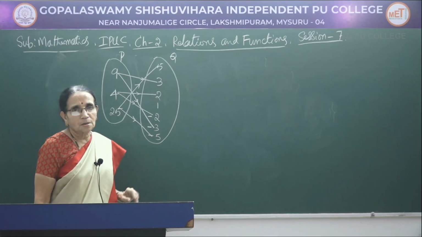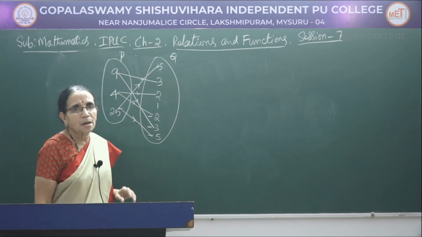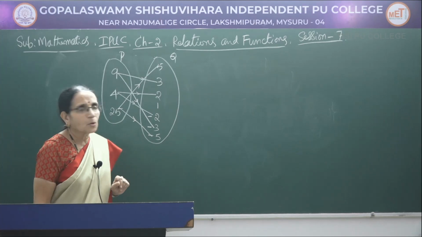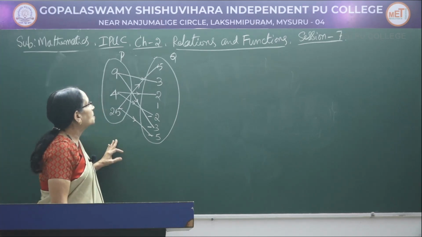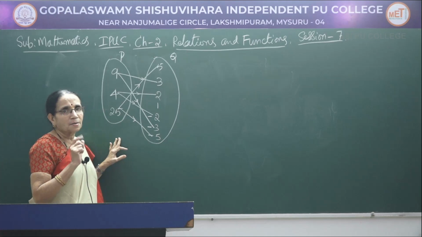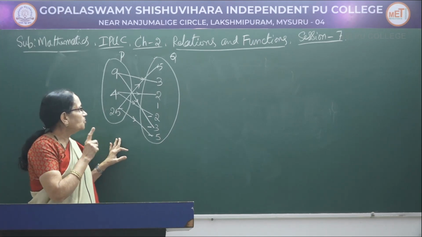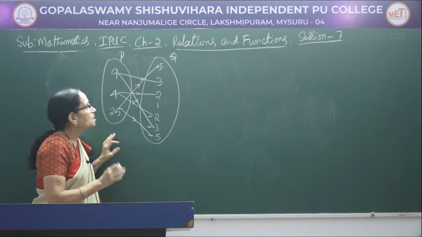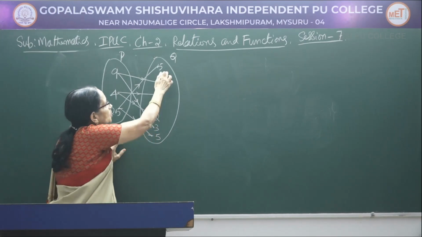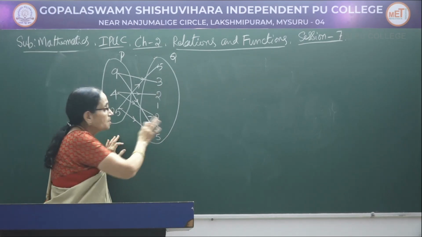There are two non-empty sets, P and Q, I have denoted. Look here, the first set P contains 3 elements: 9, 4 and 25. The second set contains 7 elements: 1, 2, 3, 4, 5, 6, 7.